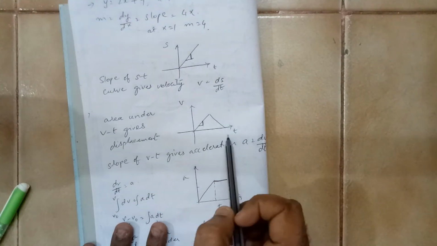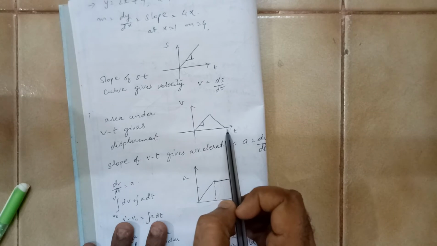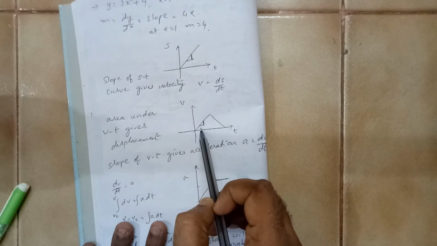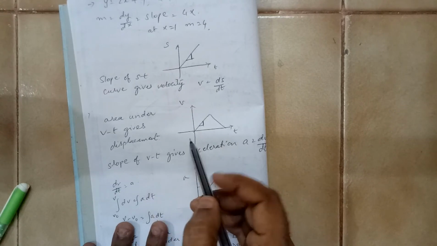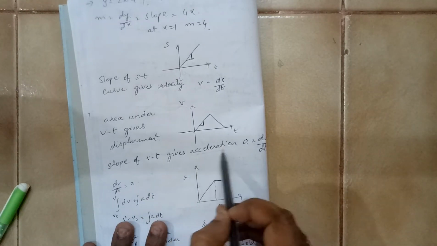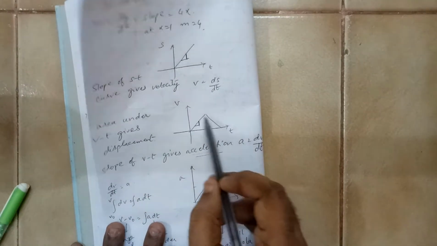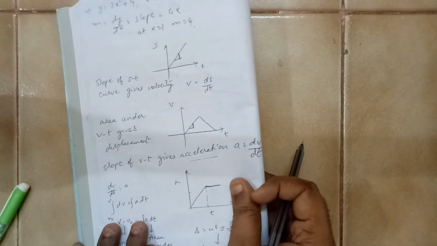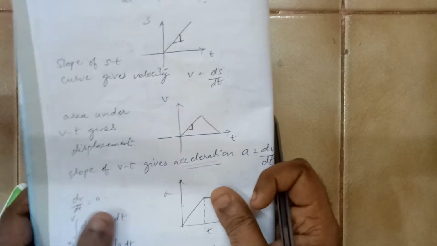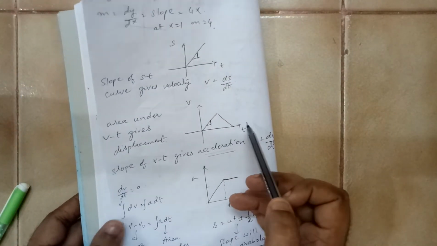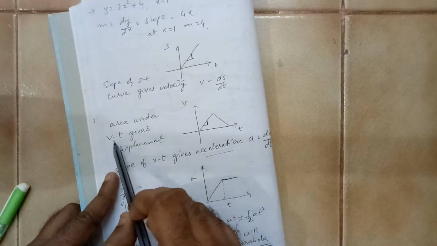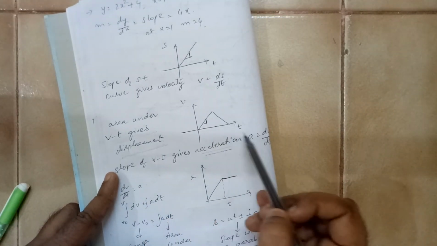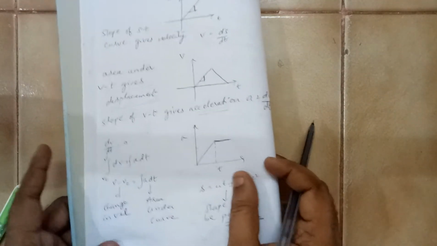If a VT graph is provided to you and you find the slope of a VT graph, V by T, it will give you acceleration. If you find area under the curve, you get distance traveled, displacement. Remember that. Area under VT gives displacement, but slope of VT gives acceleration.